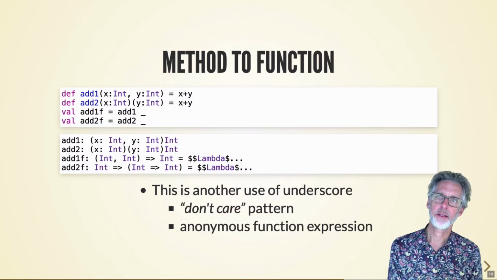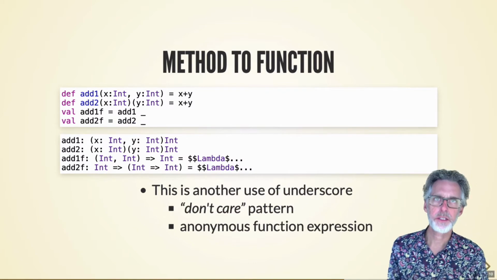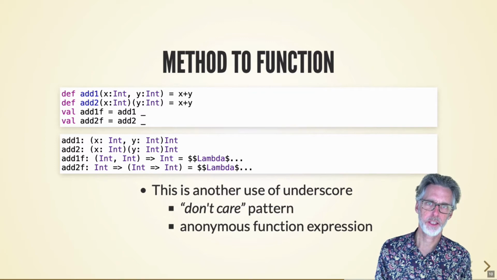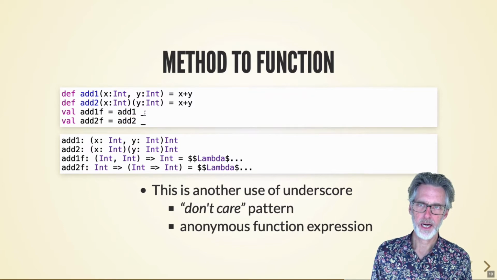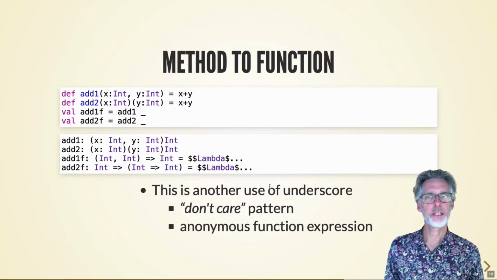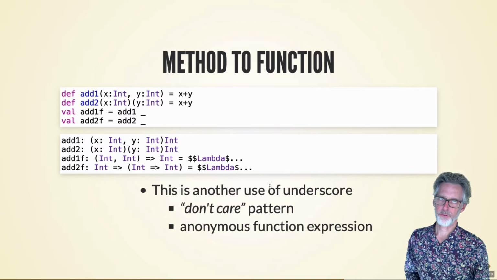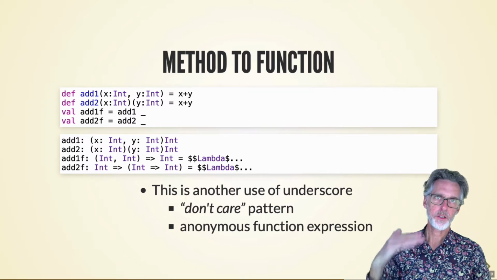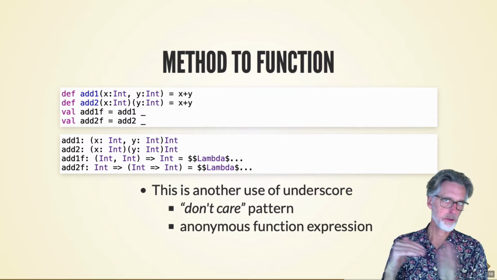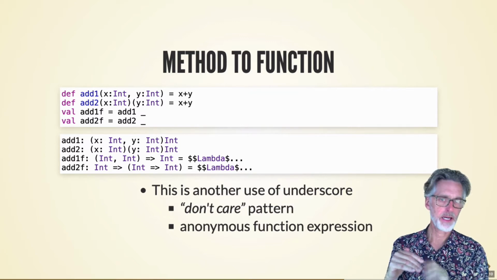We can take any method though and explicitly convert it to a function in Scala. And this is done by taking the method and putting an underscore after it. This is actually a different use of underscore than we've seen before. We've seen two uses of underscore already. One is in patterns. We can use an underscore to mean that I don't care about that variable and it doesn't get bound.